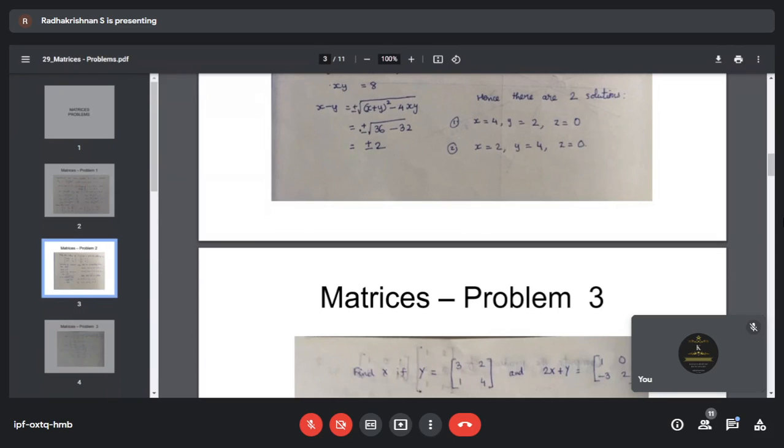Now find x if y equal to the matrix 3, 2, 1, 4 and 2x plus y equal to 1, 0, minus 3, 2.